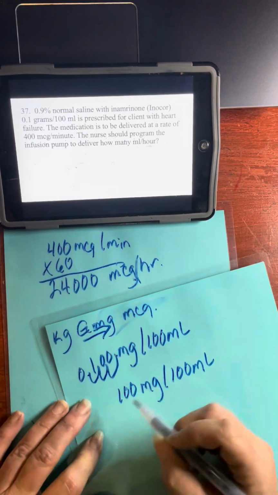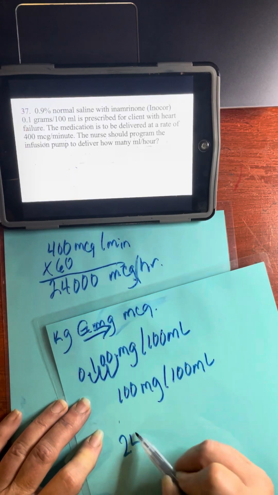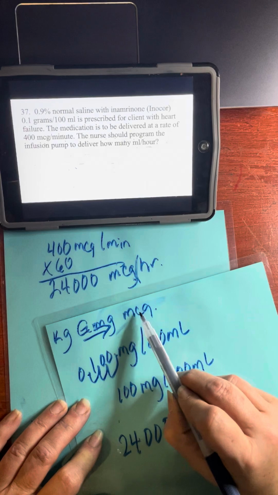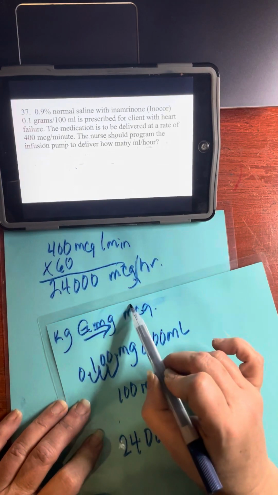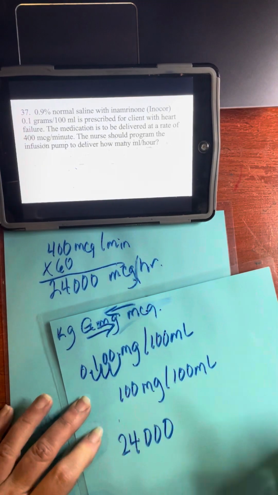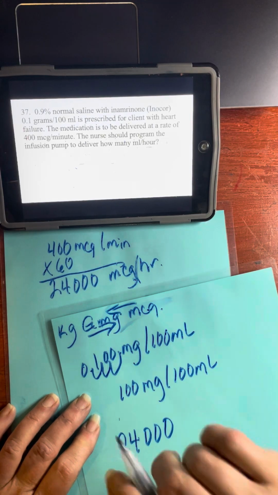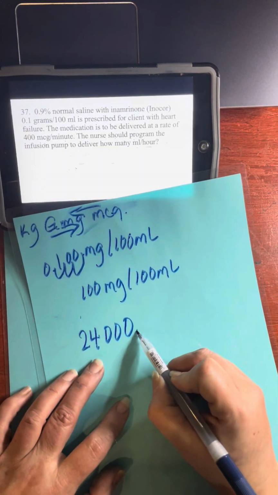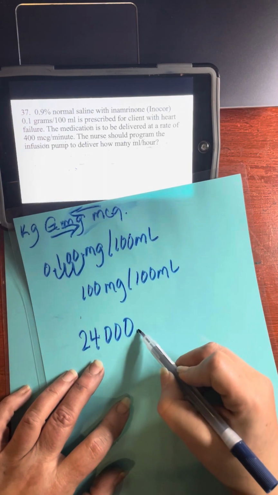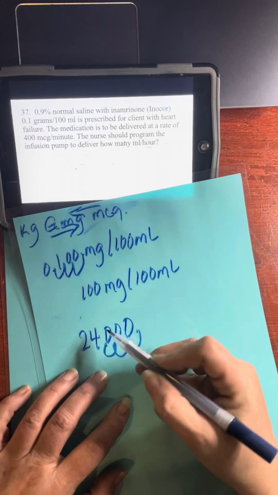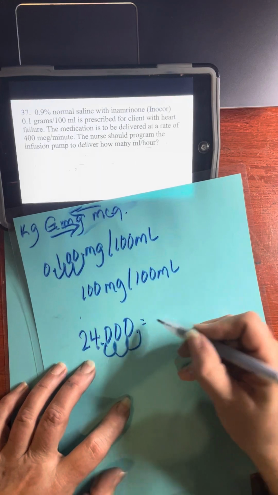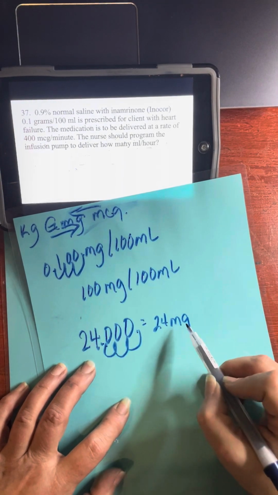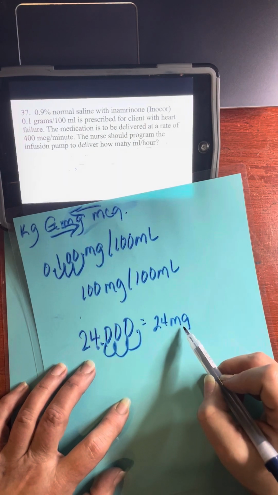And if I've got 24,000 micrograms, and I'm going from micrograms to milligrams, I'm moving my decimal place to the left. I have to know it's 3 places. So it's understood to be behind the whole number. And I'm going to go 1, 2, 3. And so that would equal 24 milligrams would be what the man wants, Mr. Man.